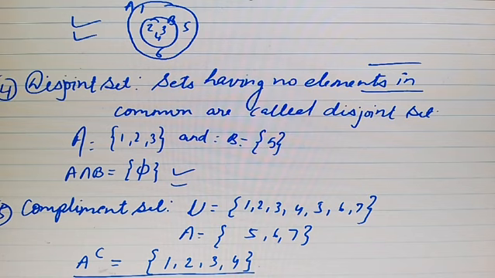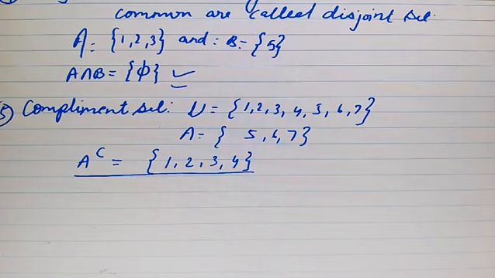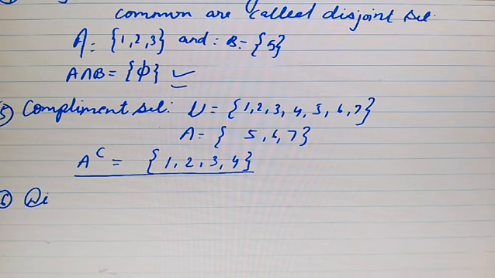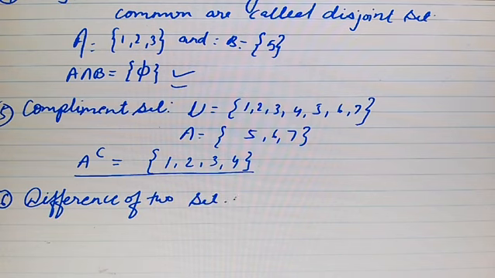Okay, now let's move to the next term, that is the difference of two sets. Most important thing, difference of two sets. I will explain it through an example, how you will write the difference of two sets.